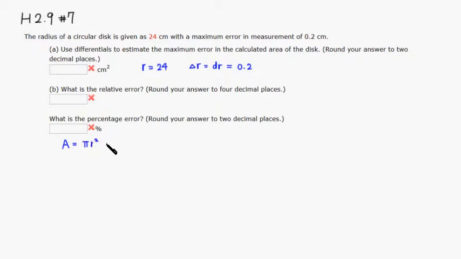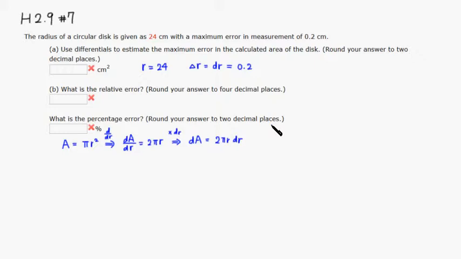If you take the derivative with respect to r, we get dA over dr equals 2 pi r. Then if you want the differential, we can just multiply both sides by dr, and we get dA equals 2 pi r dr.